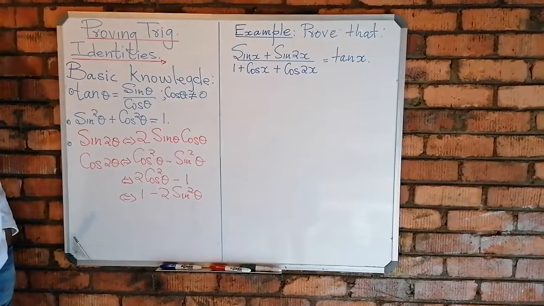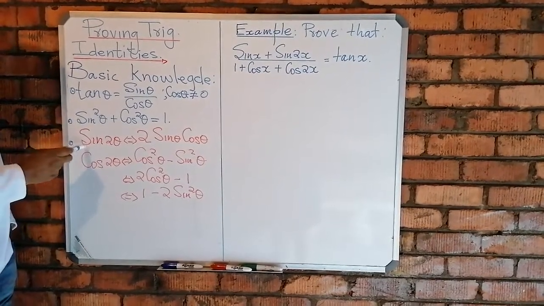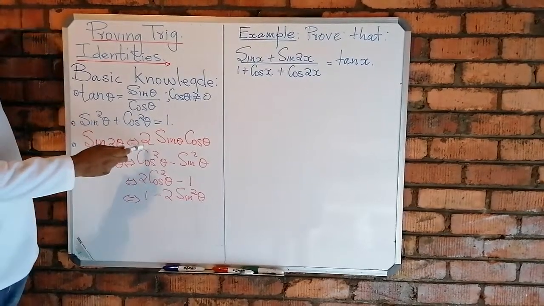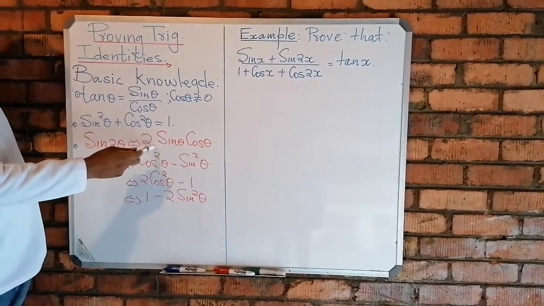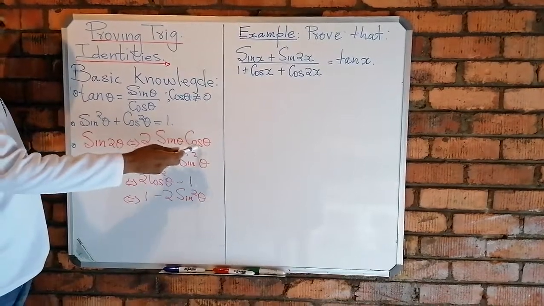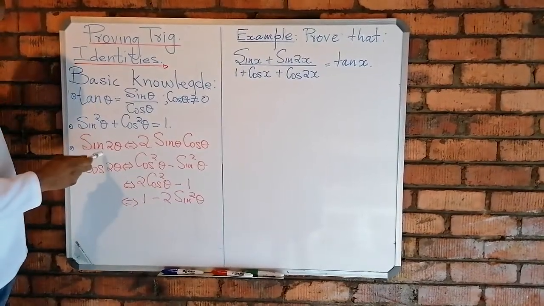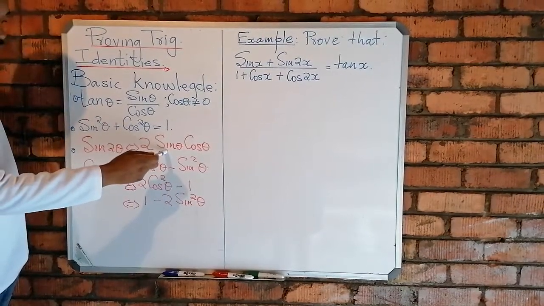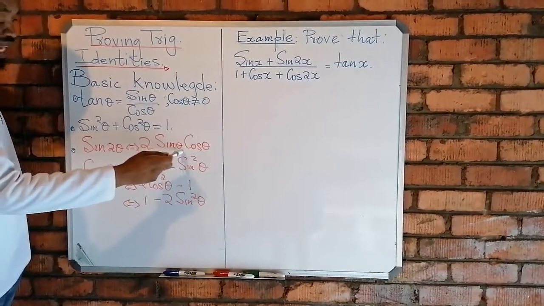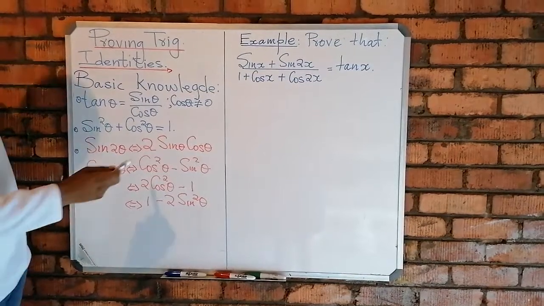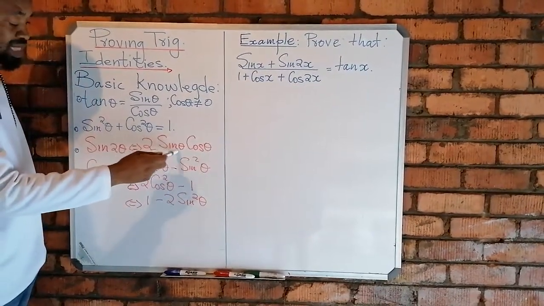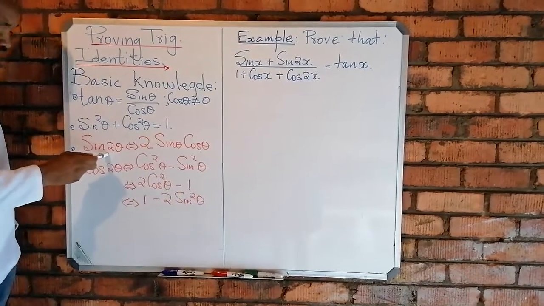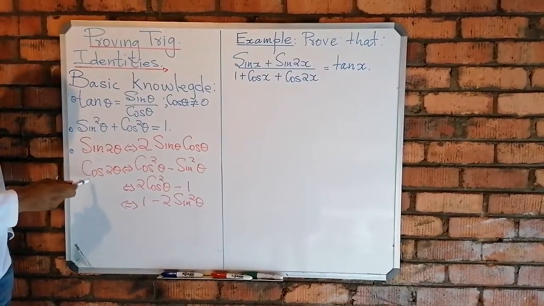Remember, double angle identities, we know that sine 2 theta is equal to 2 sine theta cos theta. Meaning that when you see sine 2 theta, you actually see 2 sine theta cos theta. When you see 2 sine theta cos theta, it's exactly the same as sine 2 theta.